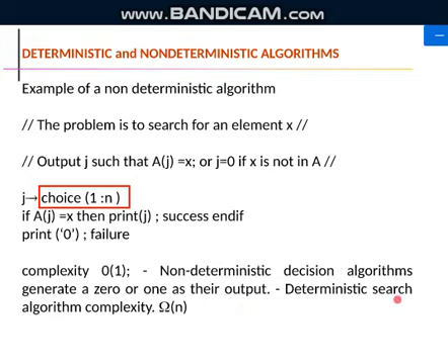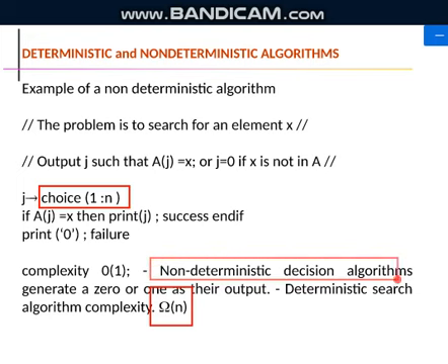The deterministic search algorithm's actual time complexity is big O of n, omega of n or theta of n, whatever you can consider. But for the non-deterministic decision, whatever we assumed now, the time complexity is 1.